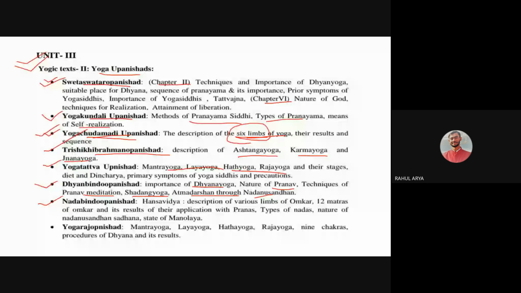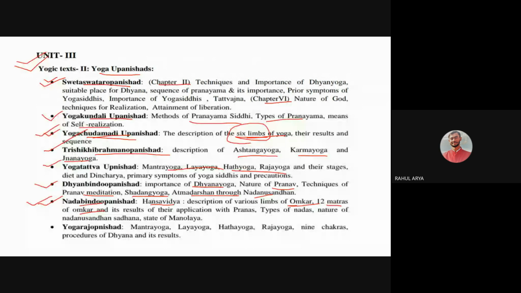Nada Bindu Upanishad. Here you will see the Hamsa Vidya. They give the example of a swan, and then he described the limbs, Omkara, and the 12 matras of Omkara. Every time it is very, very important. Every time 2 to 3 questions come only from the Nada Bindu Upanishad.